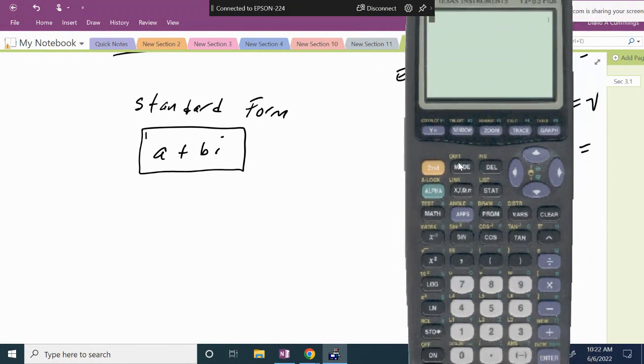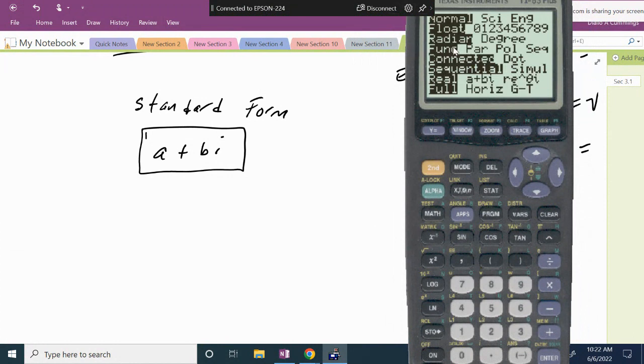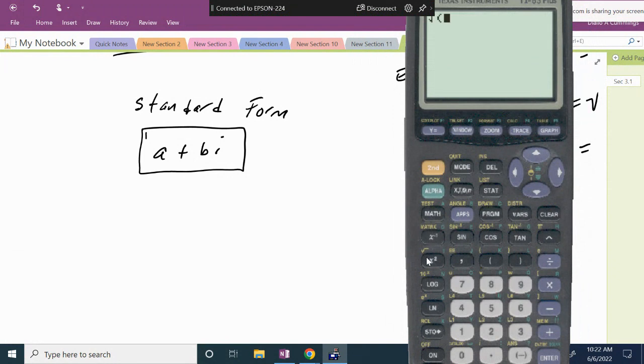All right, and I'm going to go into mode, and the next to the last one, I have real, I have a plus bi, and then I have this r times e raised to the theta i. If our calculator is in real number mode, I can put in the square root of 4. I should get 2.